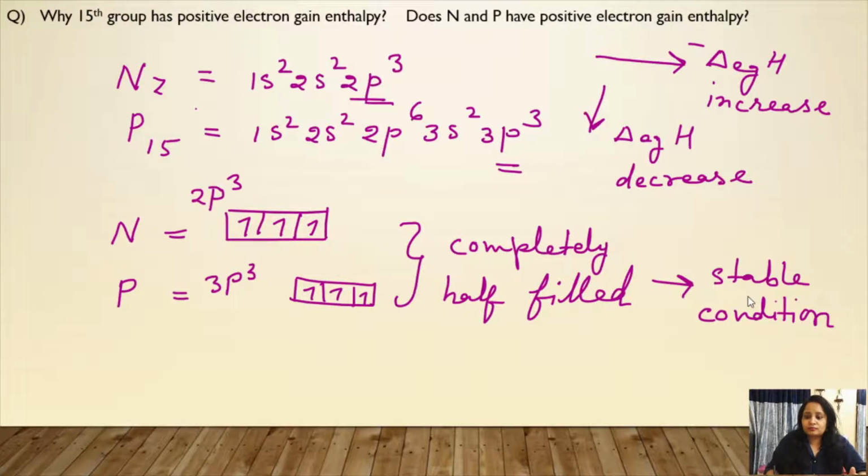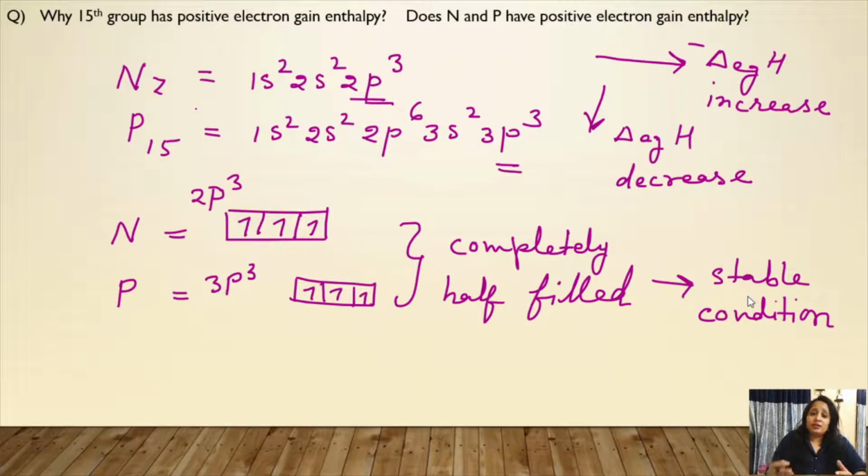So nobody who is very stable in their place wants to become unstable, as a general rule. So nitrogen and phosphorus and the other elements in the group having the half filled 3p or 2p orbital, they don't want to disturb their stability, and that's why they don't want to take an upcoming new electron.